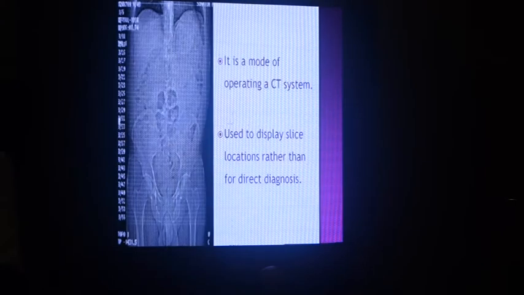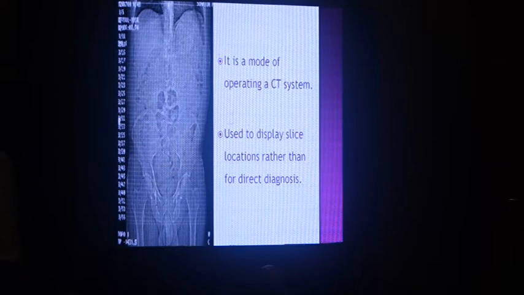The scanogram. Now what is this on the right side? Whenever we observe a CT film, something is present on the right side of the film.